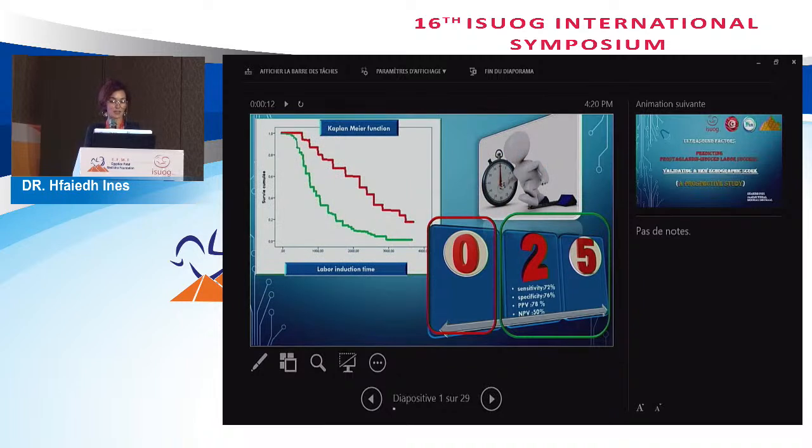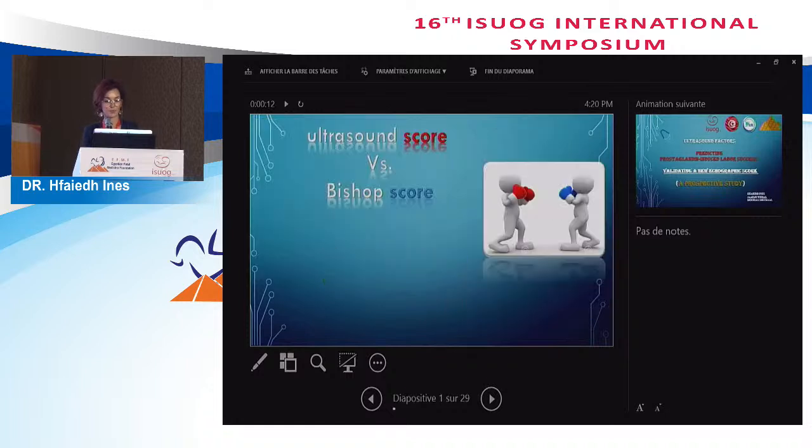A second result, we applied the Kaplan-Meier function, and we found that a score greater than 2 is predicting a shorter labor induction time outcome.